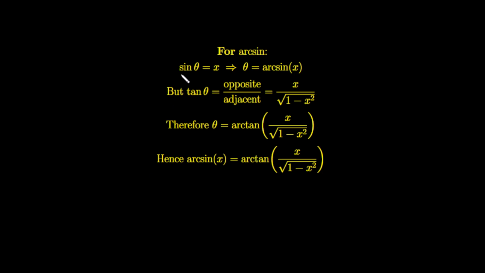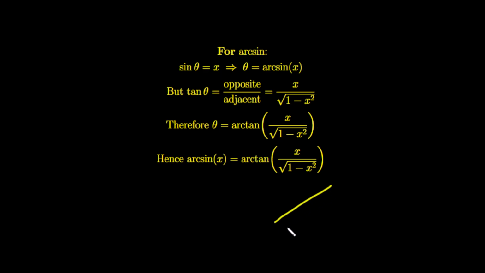Now the sine function is given by the opposite over the hypotenuse. But in the previous diagram, the hypotenuse is a length of 1. So we're going to have opposite over the value of 1, which is just simply the opposite. So the sine of the angle theta is nothing other than the length x.